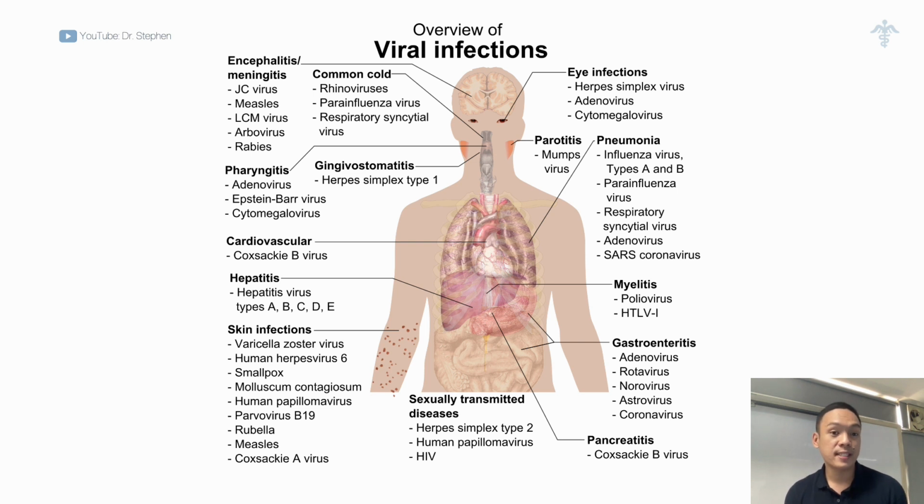We have in the nervous system, especially the CNS, encephalitis or meningitis, common cold such as rhinoviruses, pharyngitis, gingivostomatitis, cardiovascular, especially for the Coxsackie B virus, hepatitis A, B, C, D, and E, skin infections such as smallpox, sexually transmitted diseases such as herpes simplex type 2, human papillomavirus, and HIV, pancreatitis, Coxsackie B virus, gastroenteritis, myelitis, pneumonia, and eye infections.